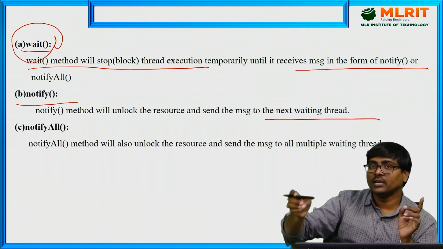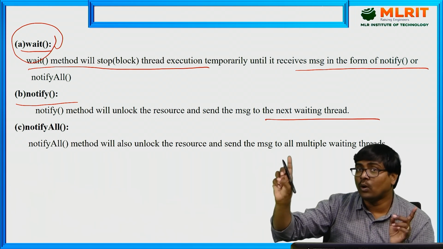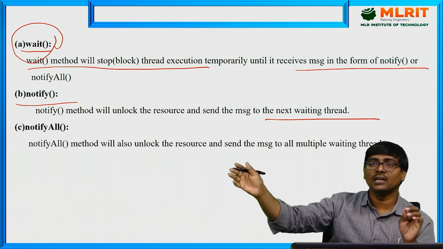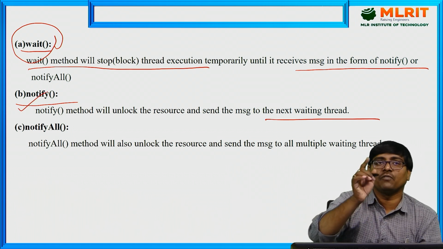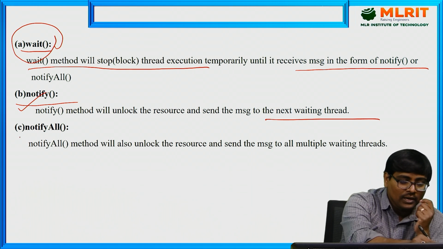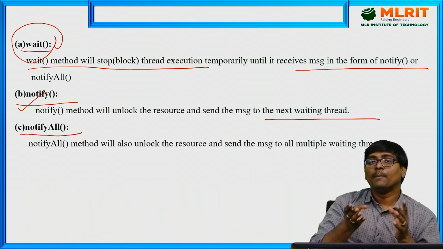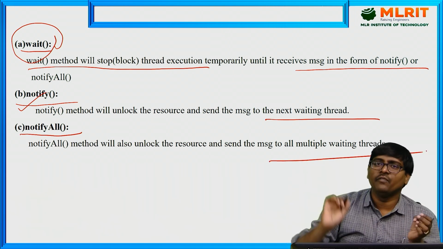Multiple threads may be waiting. For whichever thread is waiting in the queue, only one thread gets the message: my task is completed, you go on with the resource. That message is sent by calling the notify method. Next one is notifyAll. Exactly the same thing, but here the notification message is sent to all the waiting threads.